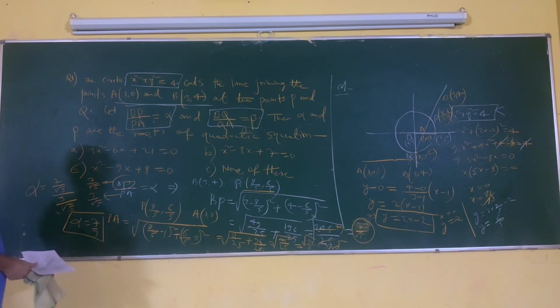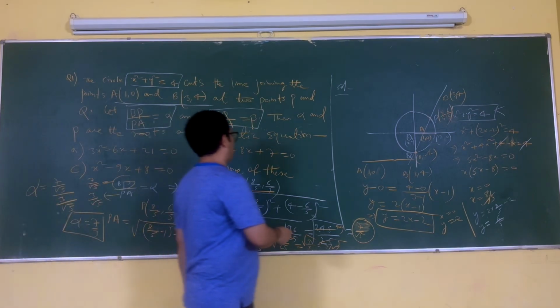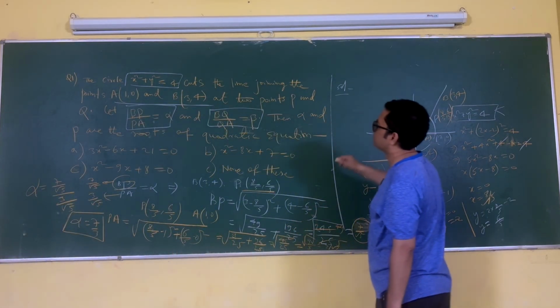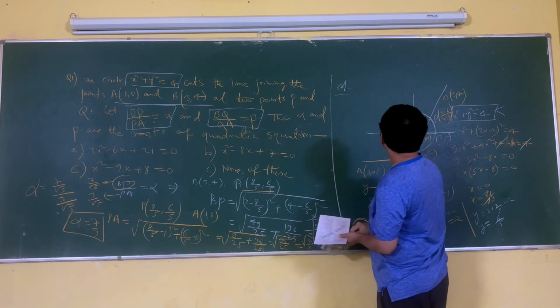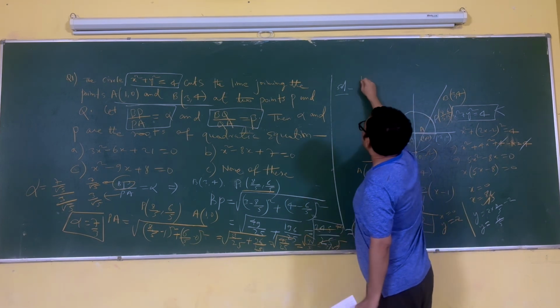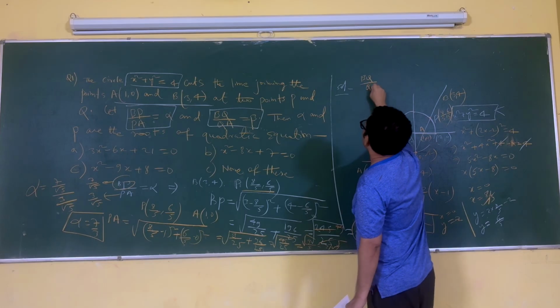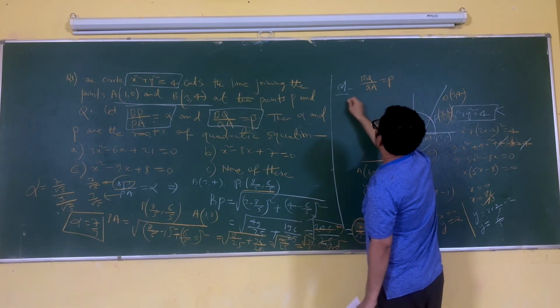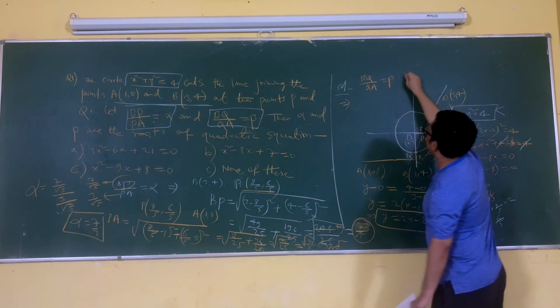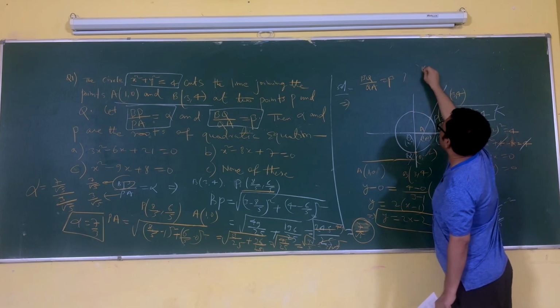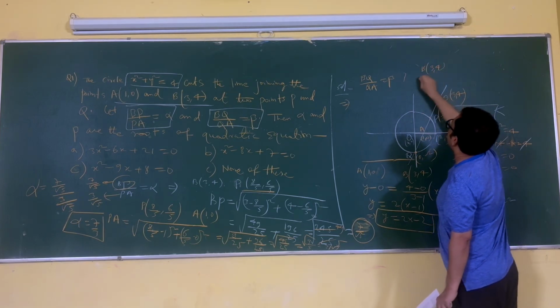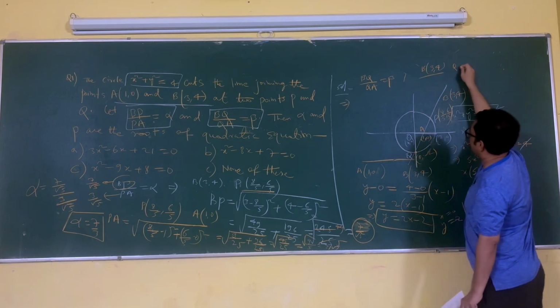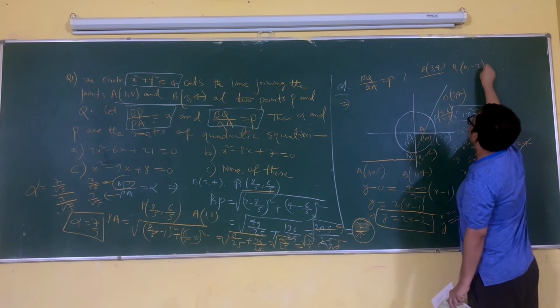Similarly, we can get the value of beta also. So beta is given by BQ upon QA. BQ upon QA is equal to beta. So BQ, first of all, let's know the coordinates: B is 3, 4, and Q is 0, minus 2.